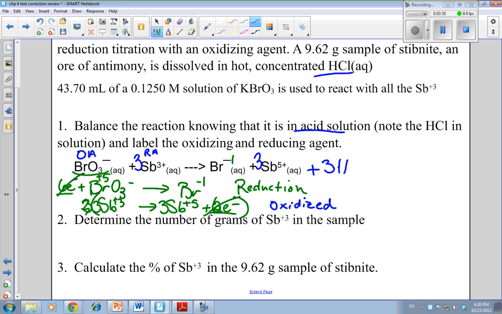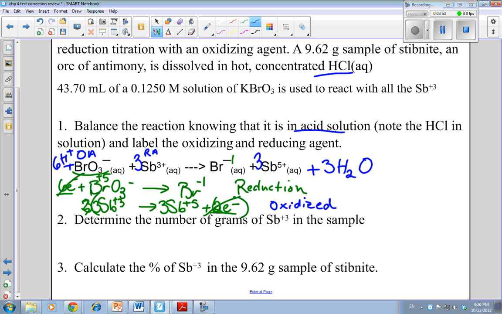Every time you need an O in acidic solution, you add a water. Now I take a look at my H's. On the product side, I have 3 times 2, which is 6 H's. I don't have any H's on the reactant side, so I'm going to add 6 H+. Do not forget to make that a hydrogen ion.